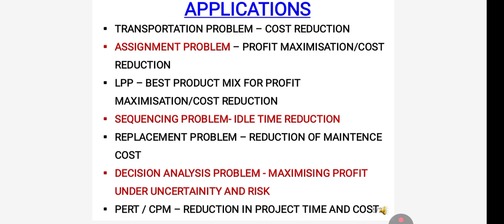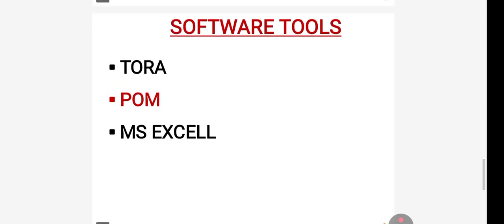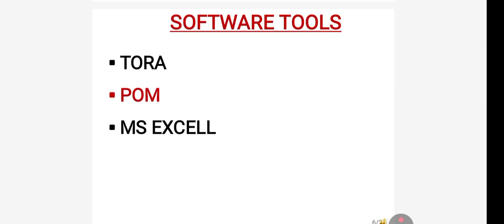And as we said, there are software tools available that are inbuilt, which give results in a shorter span of time. Normally, if you are going to do all these calculations manually, it will take a lot of time. When the input is several hundreds, it's humanly not possible to execute it manually.